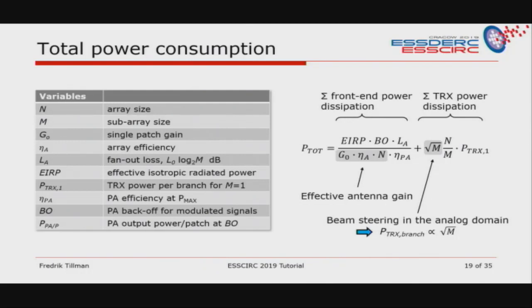If you sum up a few branches of power from the antenna elements, they will sum up in power. That will basically give you the square root in terms of the amplitude, and that corresponds to the additional power consumption you need to drive in the transceiver. So you have the square root of m factor that corresponds to the beam steering properties of the system.